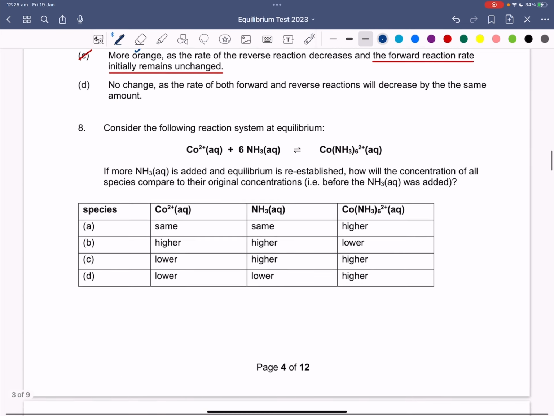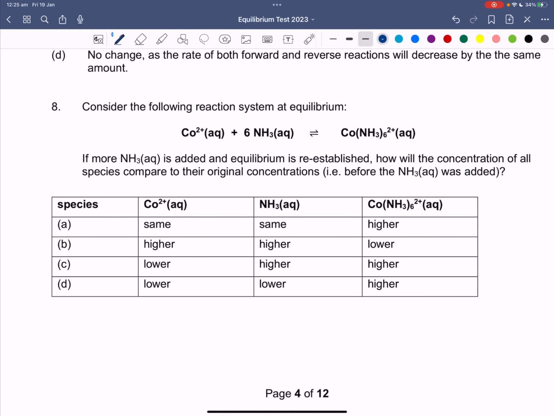All right, question number 8. Consider the following systems. If more NH3 is added and equilibrium is re-established. If more NH3 is added, obviously the NH3 spikes up. As per Le Chatelier's principle, to try and counteract the change, the forward reaction is favored.